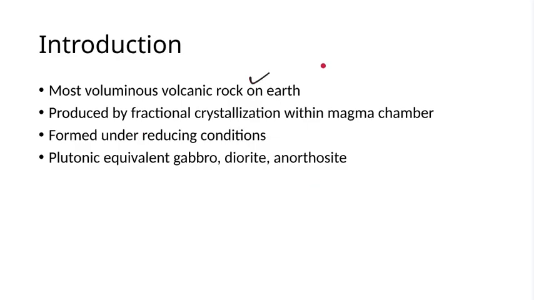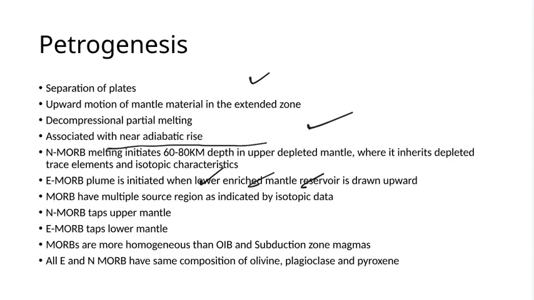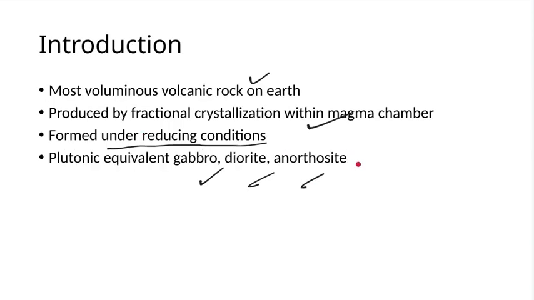The most voluminous volcanic rock is produced by fractional crystallization within a magma chamber formed under reducing conditions. So basalts are reduced in nature. The plutonic equivalent is gabbro; diorite and anorthosite are also mentioned.